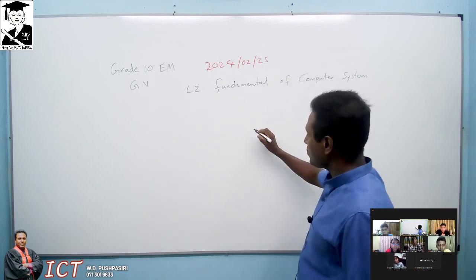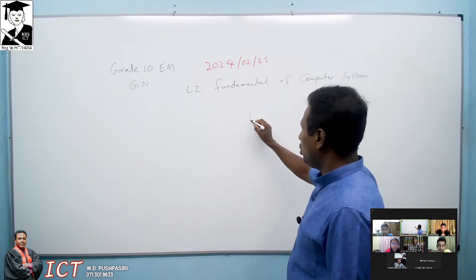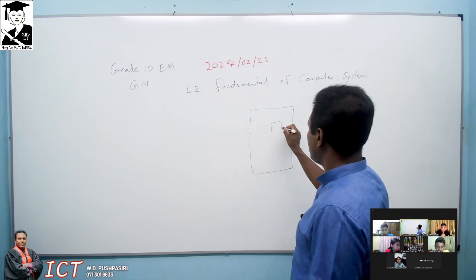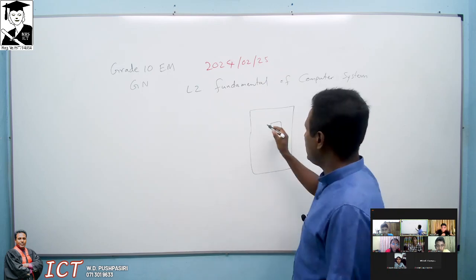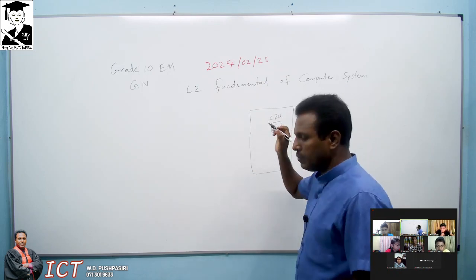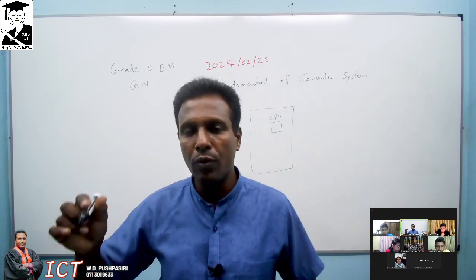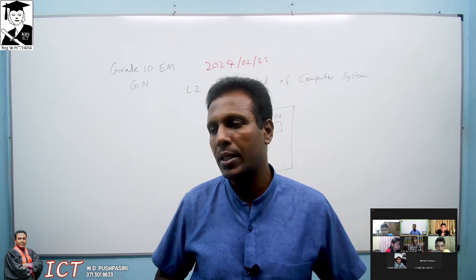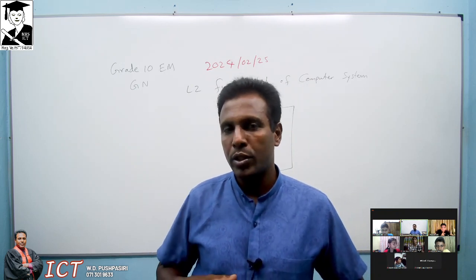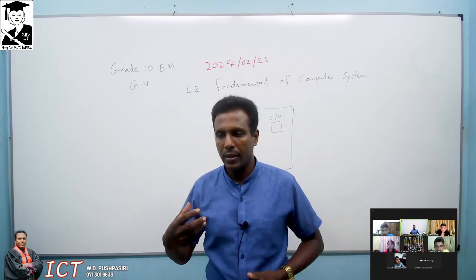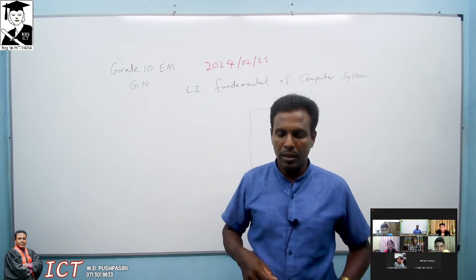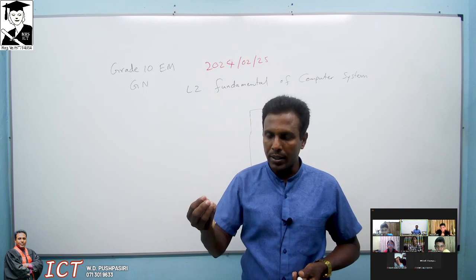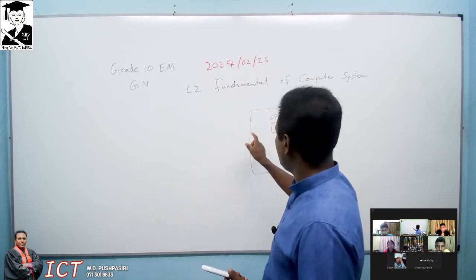This is the answer. Now you will get the motherboard, and in the motherboard you will get a processor, which we call the CPU. The CPU consists of diodes, condensers, transistors and so on, thousands of them, and all of these are working. When it works, the electrons are going inside that CPU.